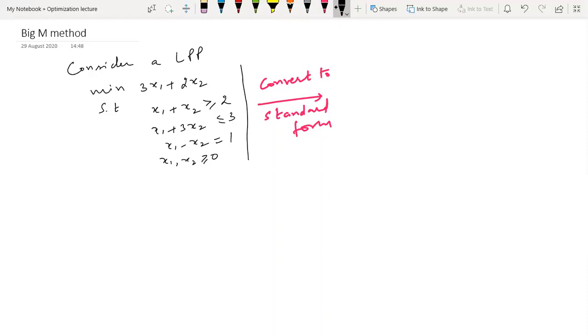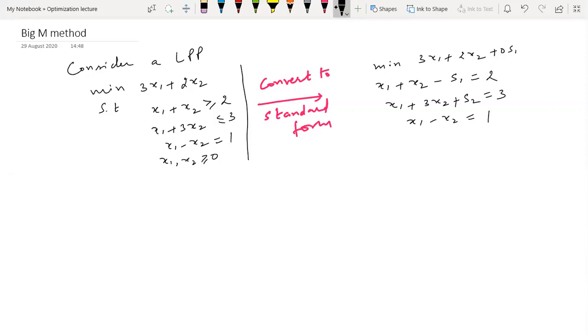My first constraint is greater than type, so I will be having x1 plus x2 minus s1 is equal to 2, and in the second constraint I have x1 plus 3x2 plus another variable s2 is equal to 3, because for a less than type constraint I have to add a slack variable. The third one is already an equality constraint, so I will leave it as it is. x1 minus x2 is equal to 1, and my objective function is minimize 3x1 plus 2x2, plus 0s1 plus 0s2.